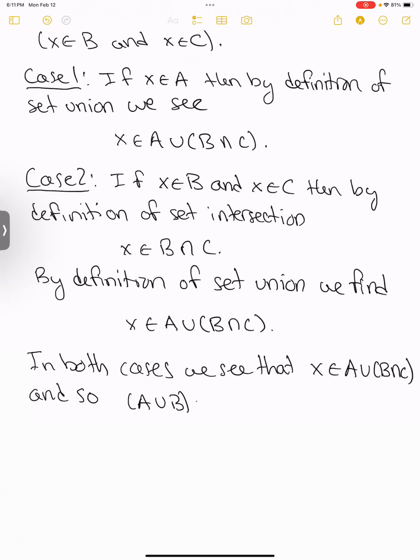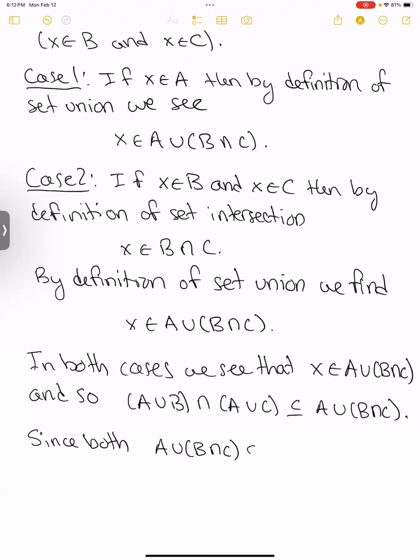A union B intersect A union C is a subset of A union B intersect C. And since A union B intersect C is a subset of this guy, am I writing this backwards?